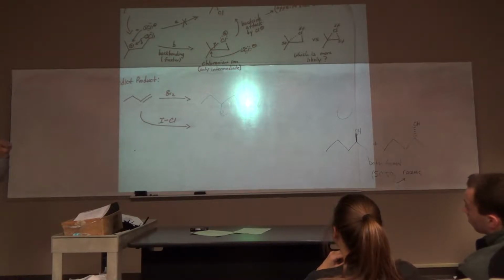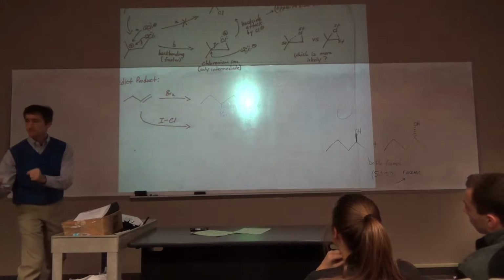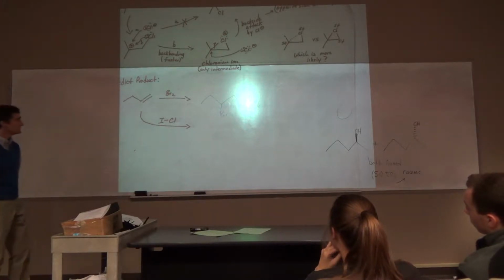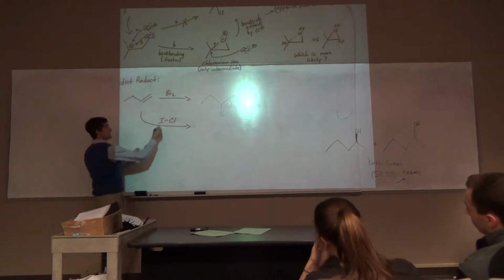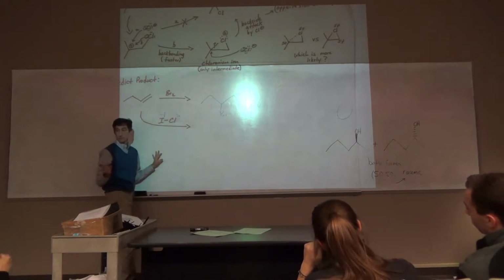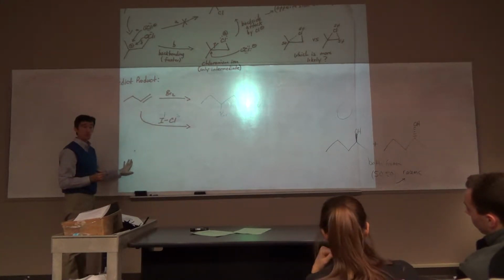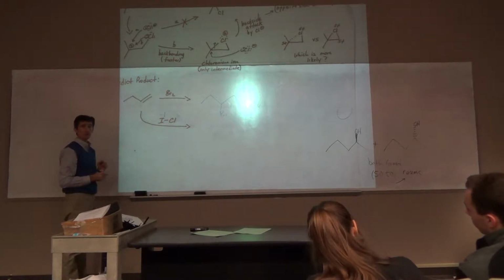Which one? Chlorine? Not the chlorine. Iodine is more electrophilic, yes. You know what electrophilic means? Chlorine is more electronegative, which means it pulls more. Since it pulls more, which atom is partial positive?